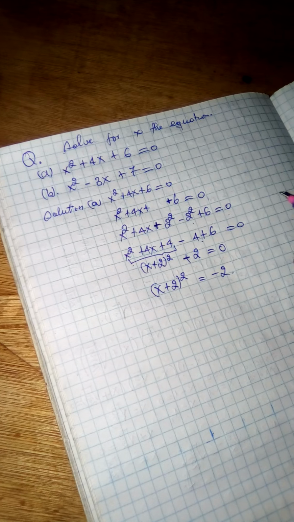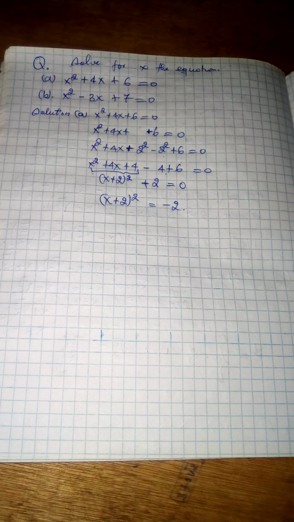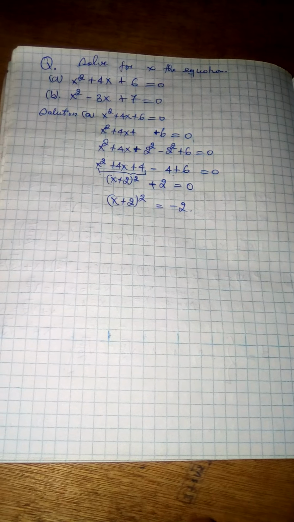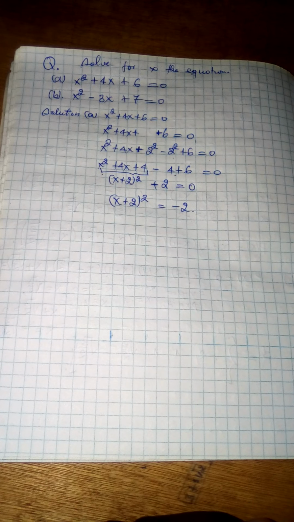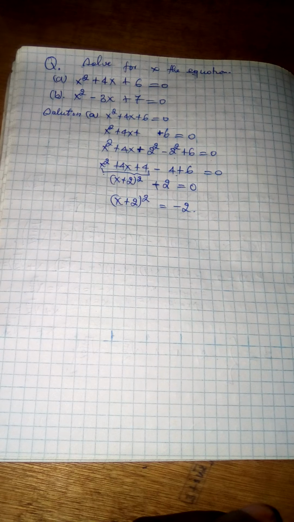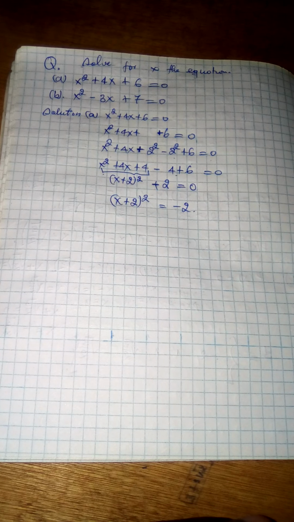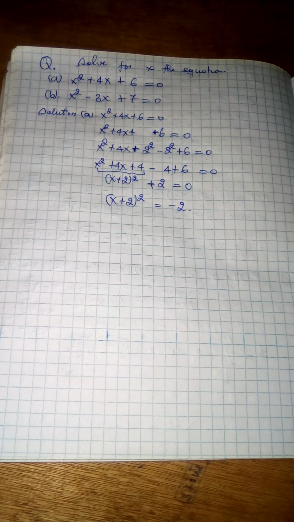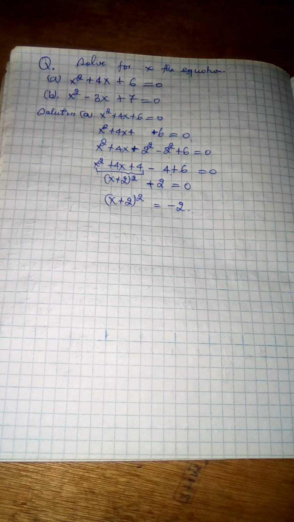As you can see here, there is no value in the real numbers that can be squared to get a negative value. So we are going to use the set of complex numbers to solve this equation.